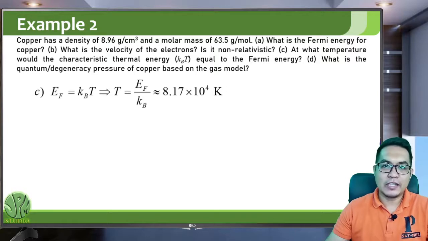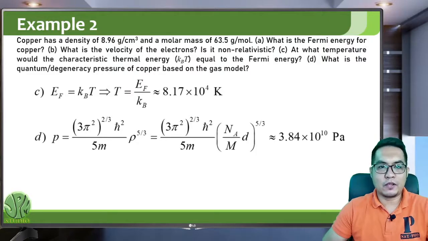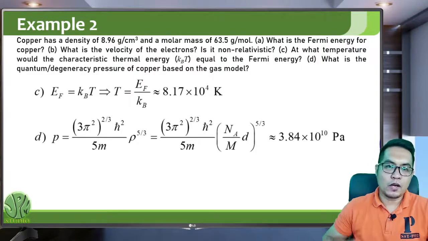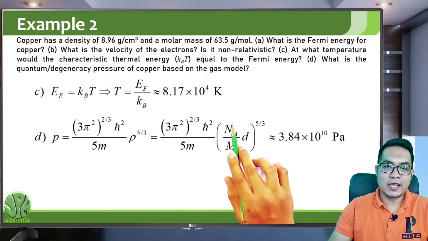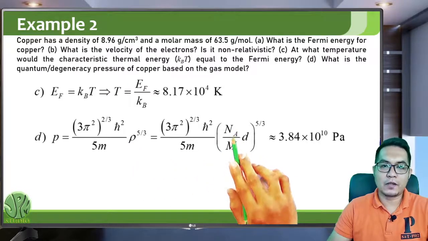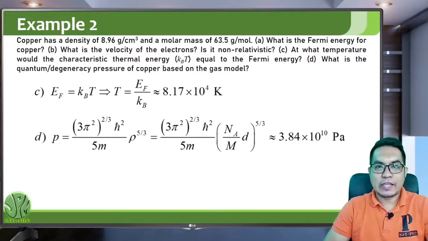For letter D, what is the quantum or degeneracy pressure of copper based on the gas model? Use the formula for P, where we obtained rho, the free electron density, as N_A times density over M, Avogadro's number, density, and molar mass, and you will get 3.84 times 10 to the 10 Pascal. This is actually a very large pressure.